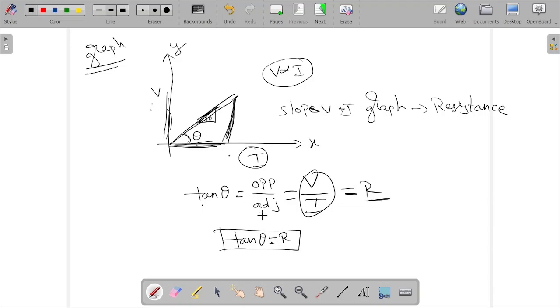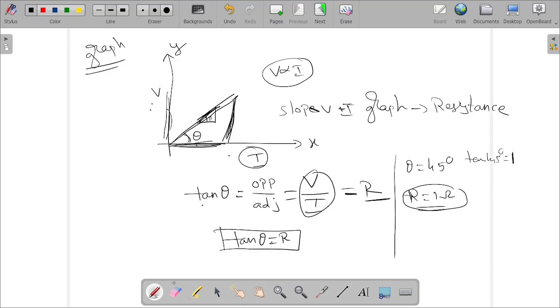If the angle is 45 degrees, what is the resistance? Resistance is 1 ohm, because tan 45 is 1.